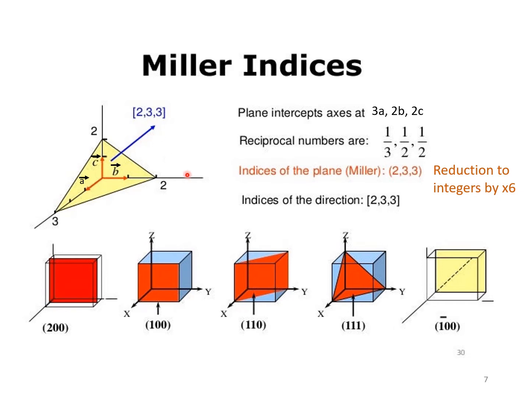In this particular case, we have a plane that intercepts at 3A, 2B, 2C, reciprocals 1/3, 1/2, 1/2. We have to make that integer. The only way to make that integer, by multiplying throughout, is to multiply by 6, and then that becomes 233. So that plane is 233.